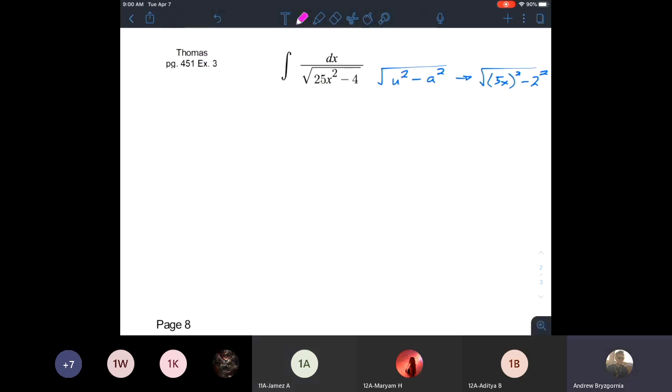So for my substitution, if this is the u and this is the a, then instead of starting with x equals, as we've been doing the whole time, I'm choosing to start with 5x equals.